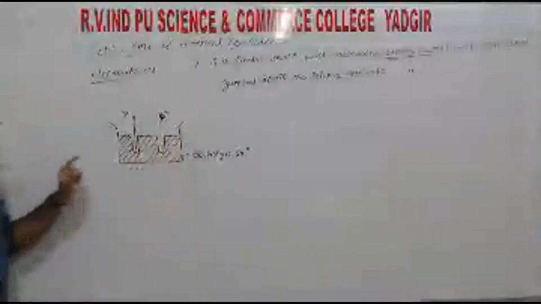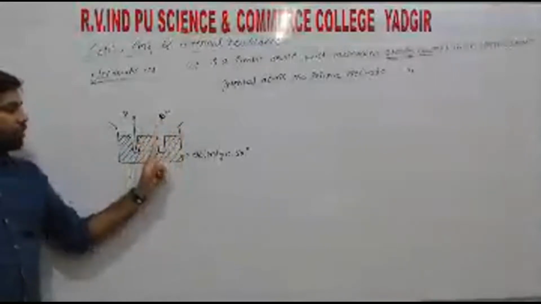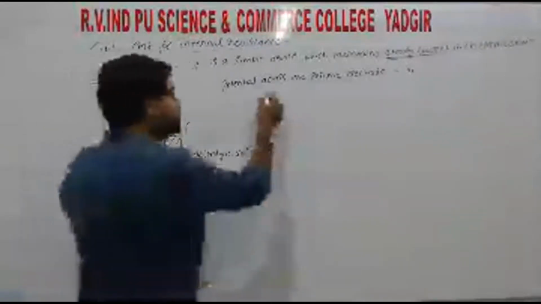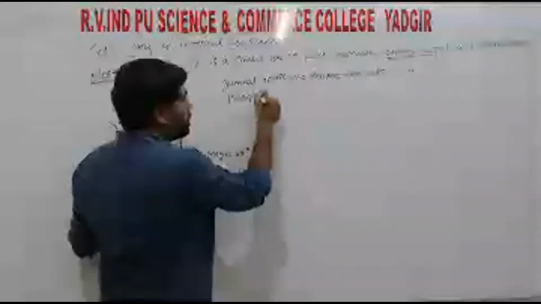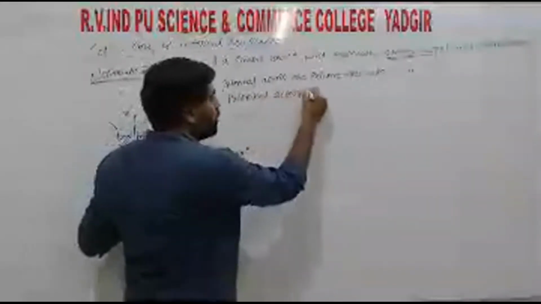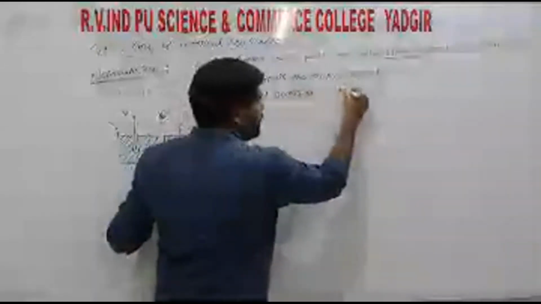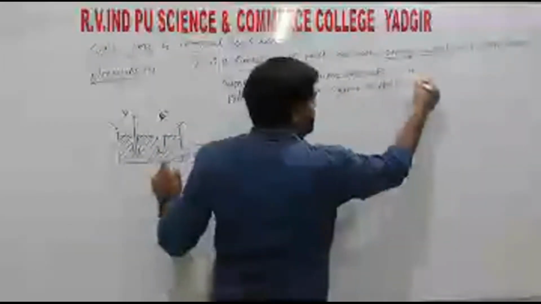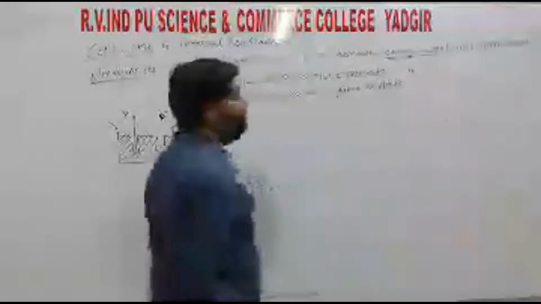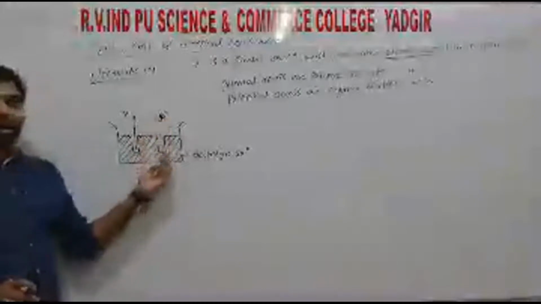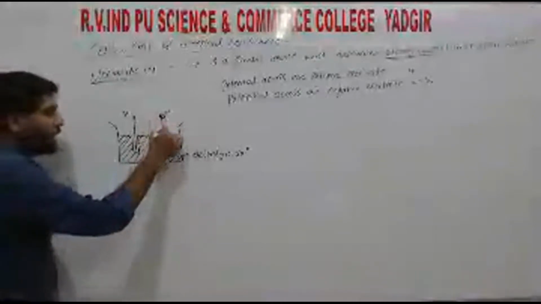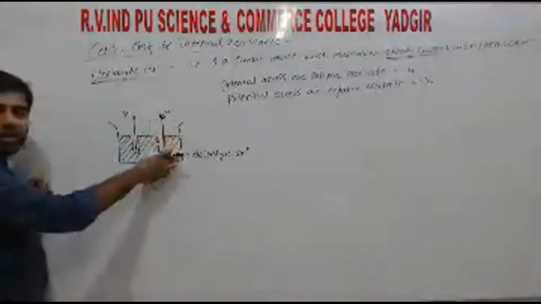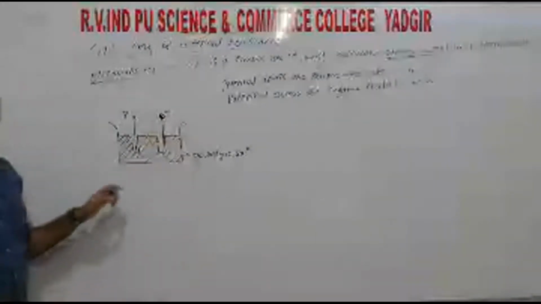In the same way, N is the negative electrode, so the potential difference between the negative electrode and the electrolytic solution, the potential across the negative electrode, is equal to minus V minus. Negative represents the negative charges which are present in this electrode. The potential difference between the electrode and the electrolytic solution we call the potential difference, right?